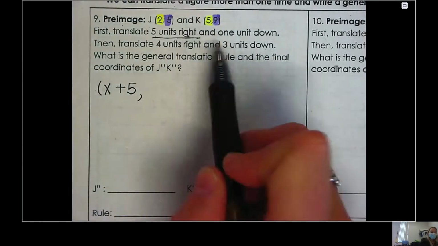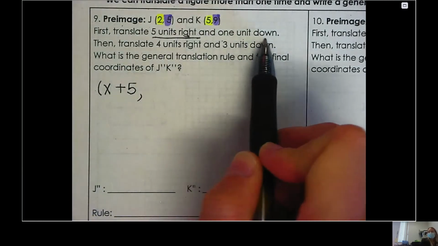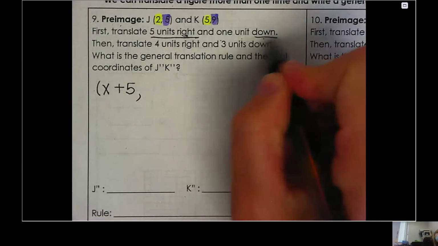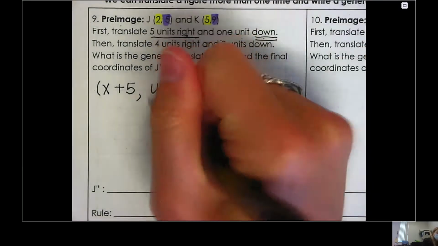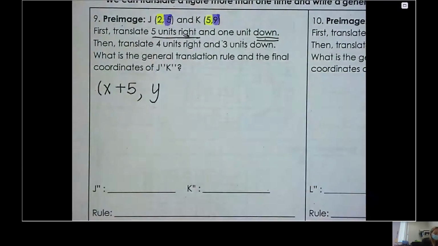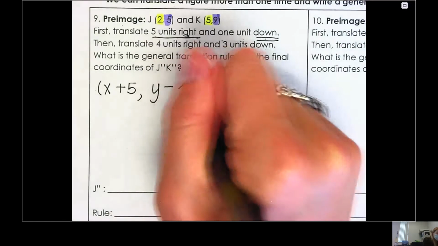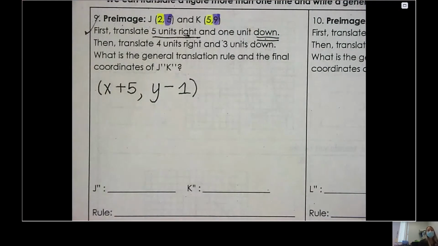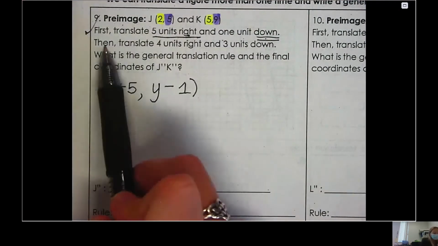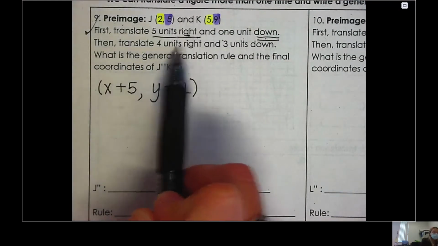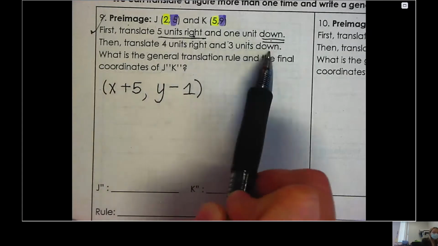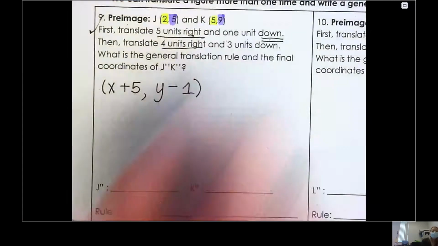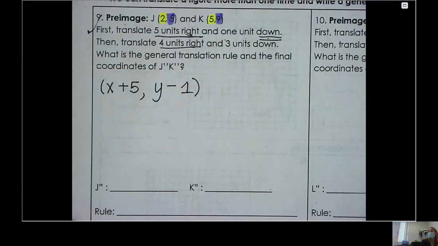The next part says 1 unit down. Is that your X or your Y if you're going down? Y. And if it's down, is it positive or negative? Negative. So it's Y minus 1. There's the first translation rule. Did the first one. Second one says, then translate 4 units right and 3 units down. 4 units right, is that an X or a Y?